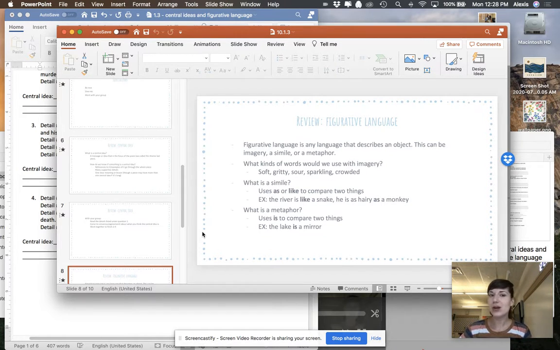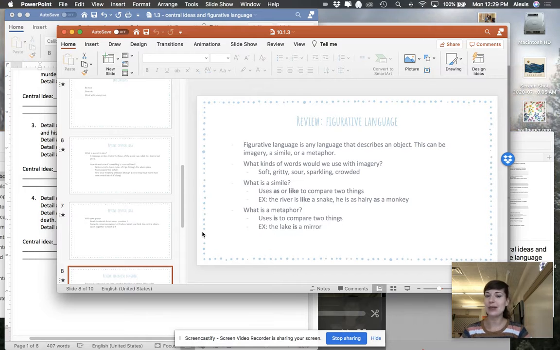A metaphor is very, very similar. It's very easy to get these mixed up, but a metaphor uses the word is. Sometimes it might be are, was, were, okay? But it does not use like or as when it's comparing the two things. It's basically saying that those two things are the same, okay? So if it uses like or as to compare the two things, you know it's a simile.